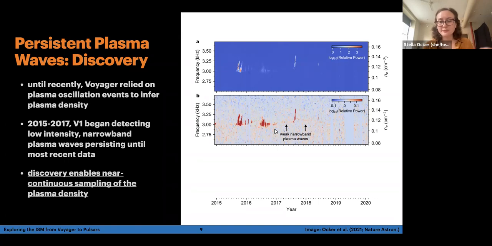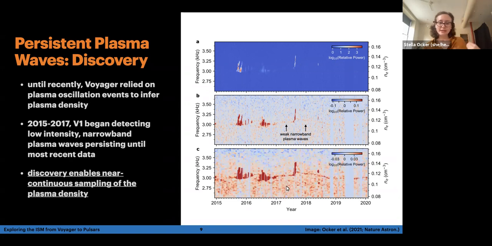But you can see this very faint narrow band signal begin to appear around early 2017 and last through early 2020, which is the latest date shown on this plot. And in this bottom panel, you can really see this very faint persistent signal pop out. Here we've smoothed the spectrum in time using a boxcar filter.